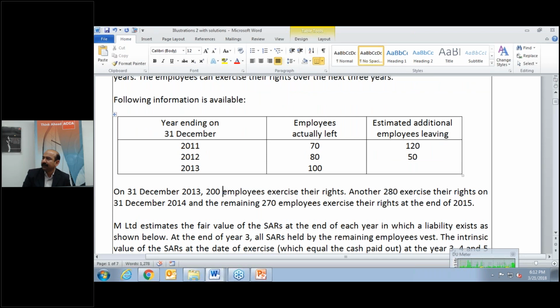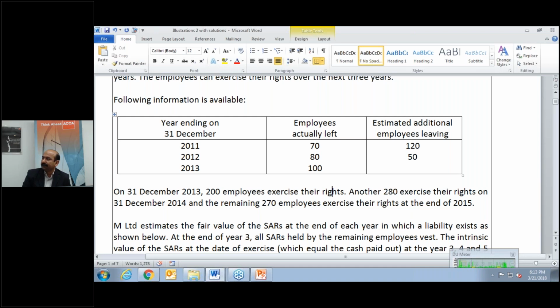Like on 31st December, vesting conditions are met, and 200 employees exercise their rights as well, and another 280 exercise their rights on the 31st December, and the remaining 270 employees exercise their rights at the end of 2015.